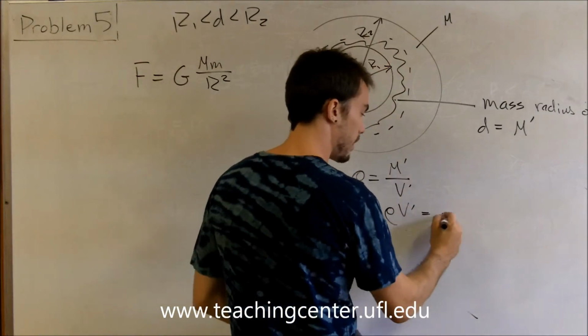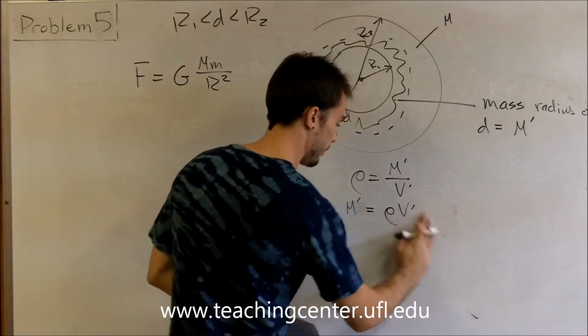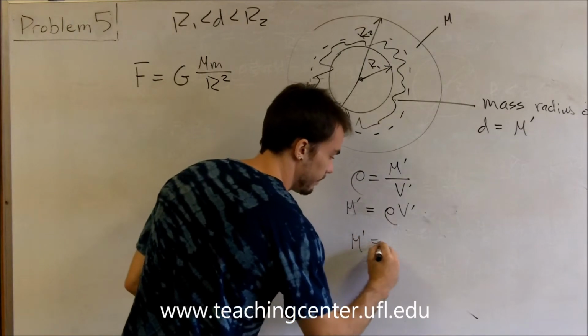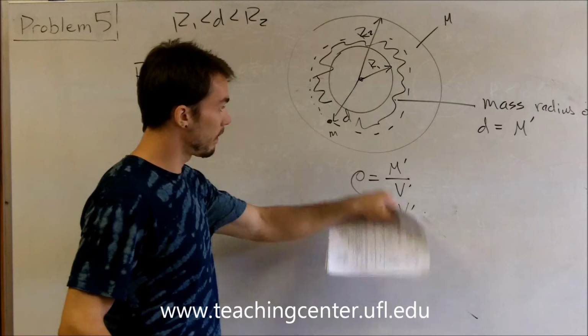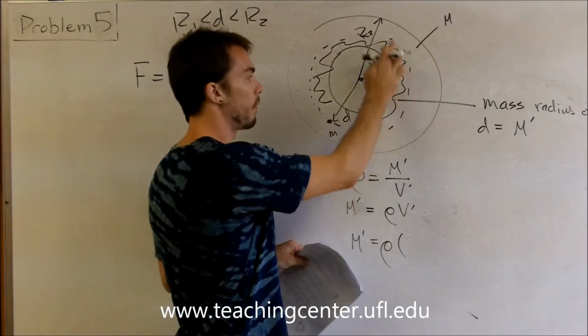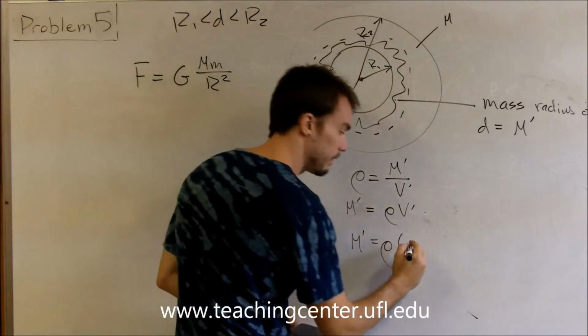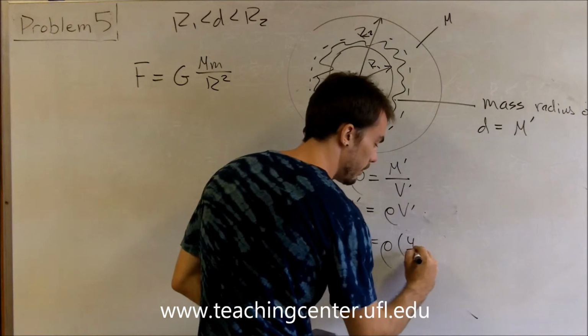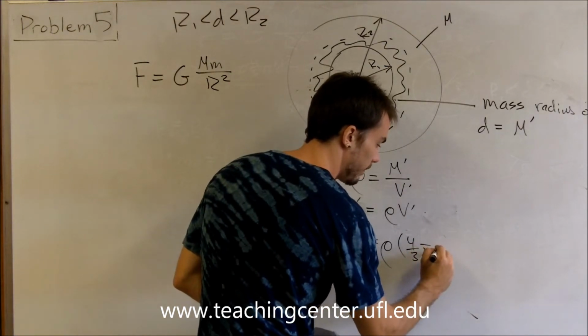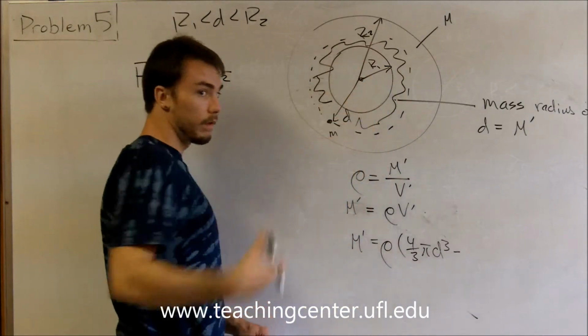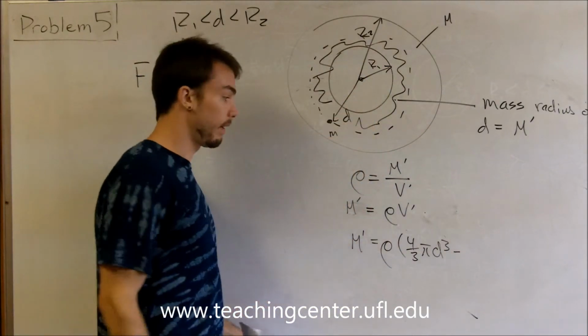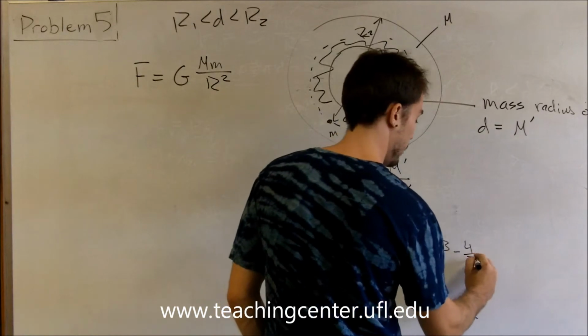So it's going to be the density times our volume at radius d, so it's 4/3 pi times d cubed minus the inner part where there is no volume because it's a spherical shell.